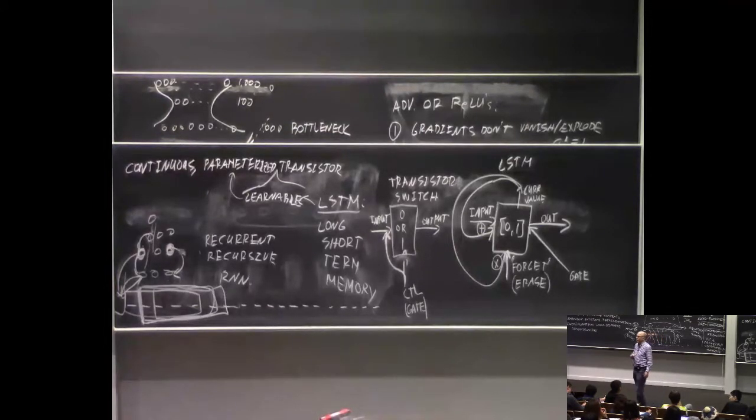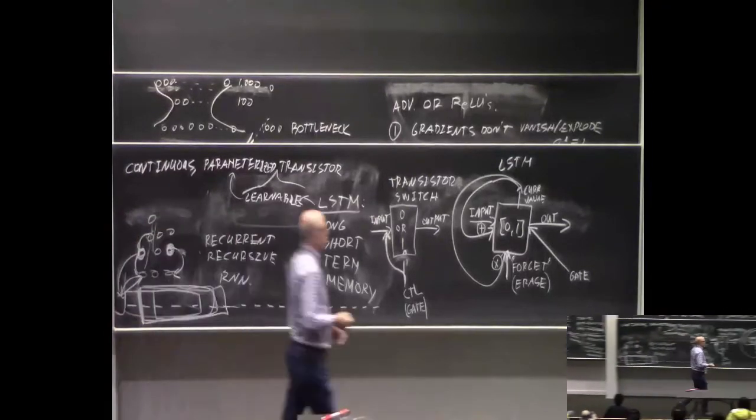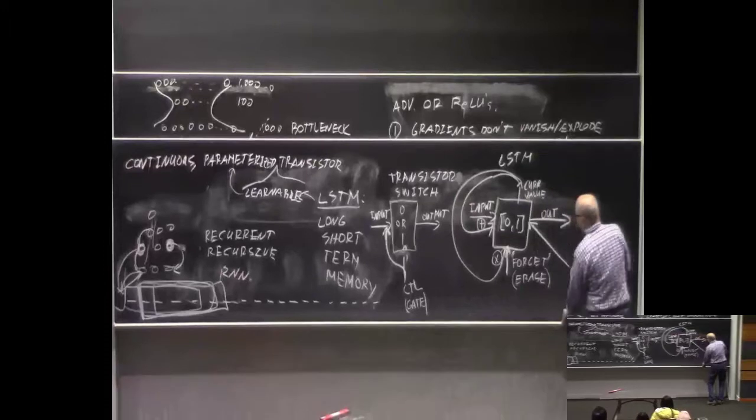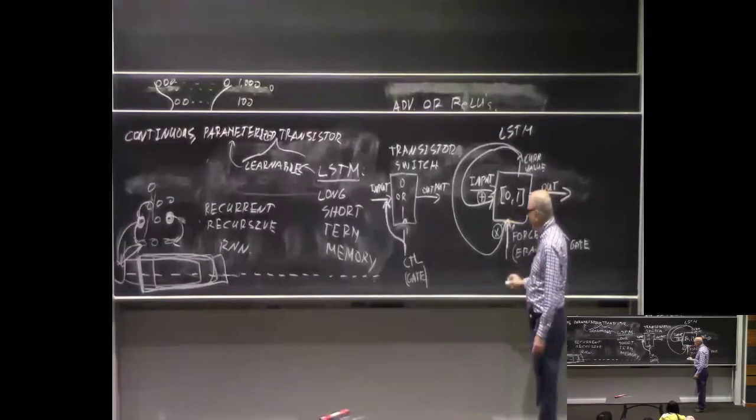Question? So for LSTM, if you have a fixed range for your forgetting rate, you should already fix whether you forget your memory or not. I'm not sure I understood the question, but this gate doesn't come out of nowhere. It comes out of other units that connect to it. This could be hidden units, could be even inputs.